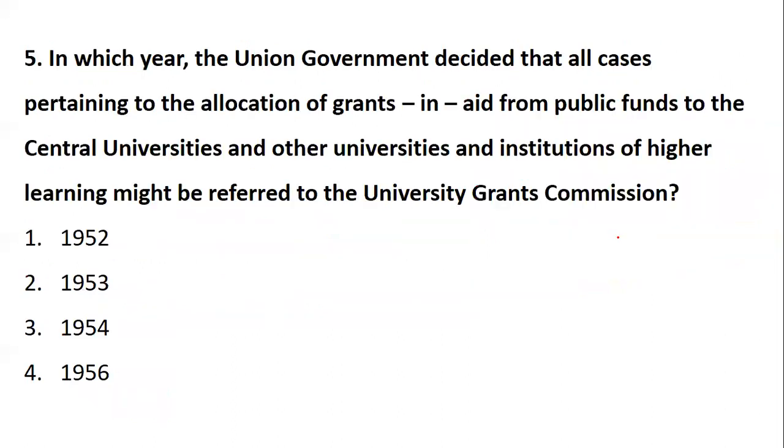Fine. Now, question number 5 talks about in which year the union government decided that all the cases pertaining to allocation of grants and aid from public funds to the central universities and other universities and institutions of higher learning might be referred to UGC. From which year was the reference to UGC given? Is it 1952, 1953, 1954, or 1956?